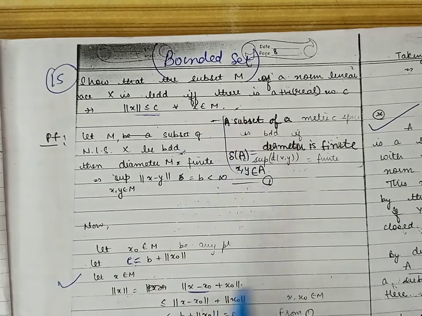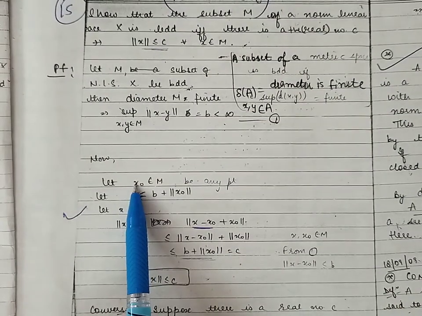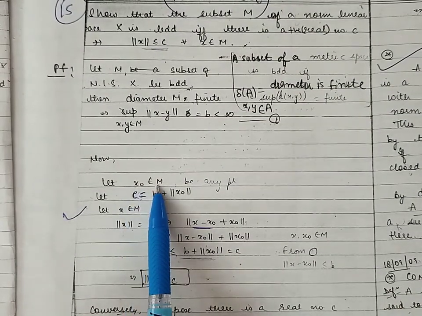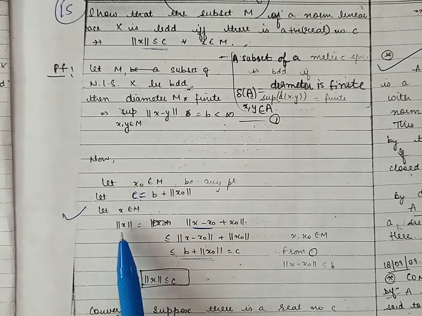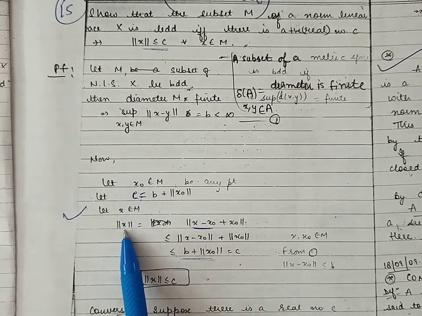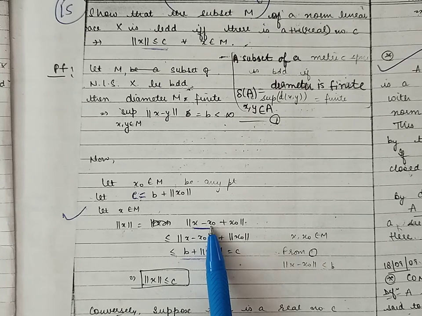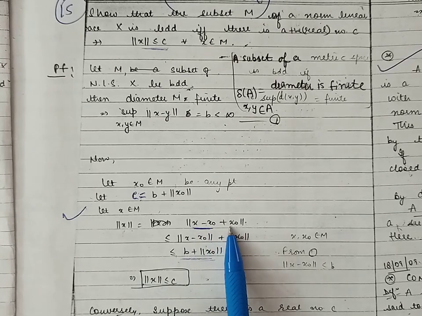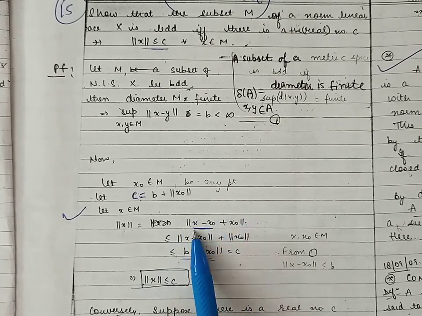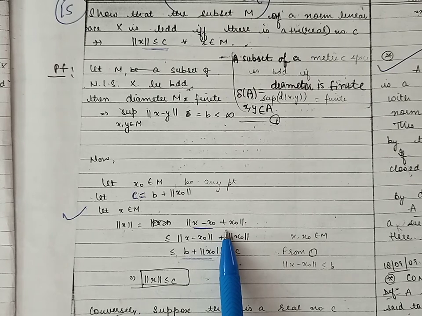for every x belonging to M. So let us take x naught to be any point in M and let us consider the norm of x. Now let us add and subtract x naught inside this norm and use the triangle inequality.